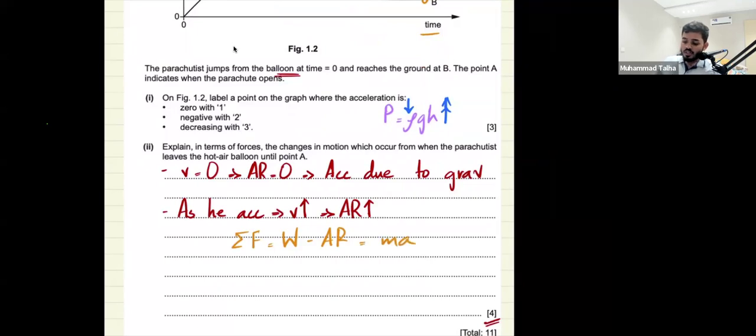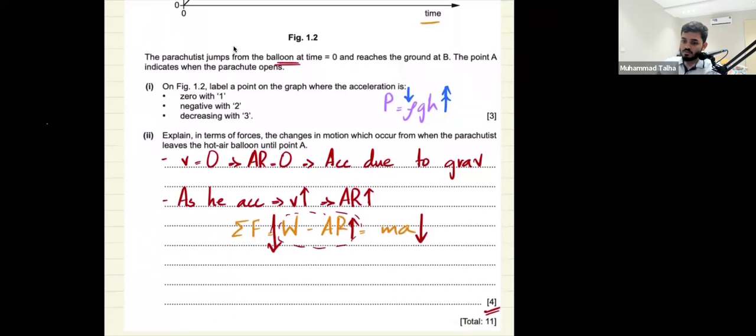Because air resistance is going up, this entire thing is going to go down. So acceleration is also going to go down. This does not mean he decelerates. This just means he is moving with decreasing acceleration, right? So then you will say that resultant force and hence acceleration decreases.